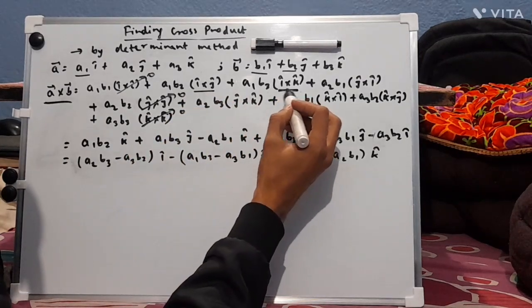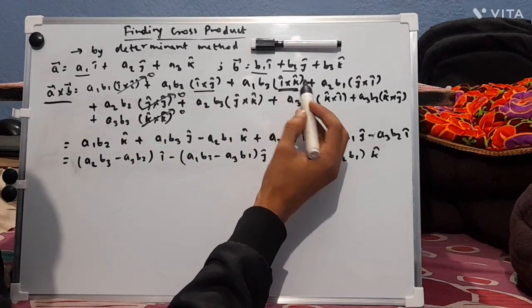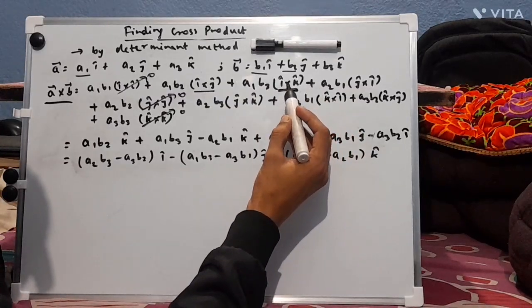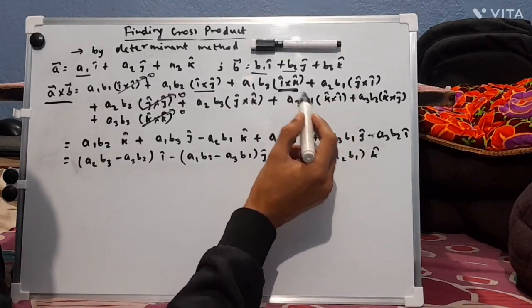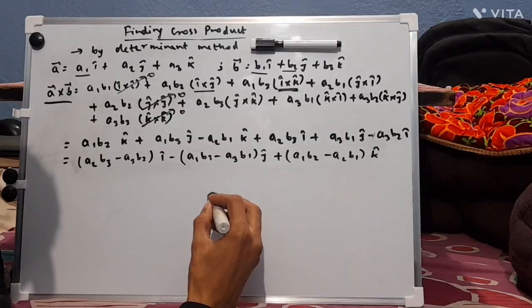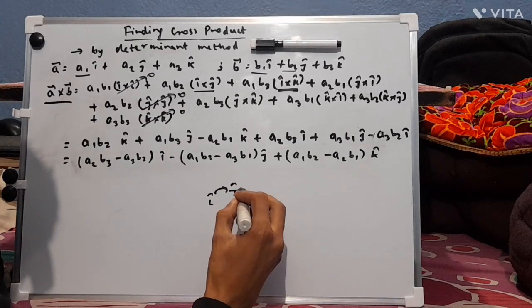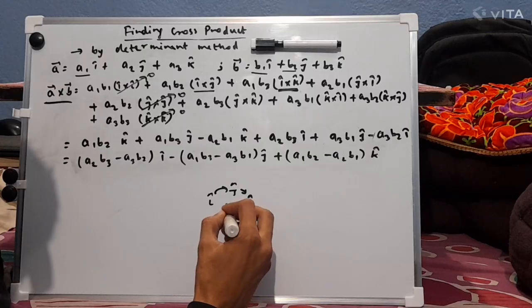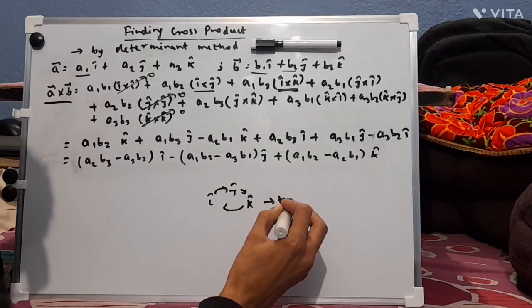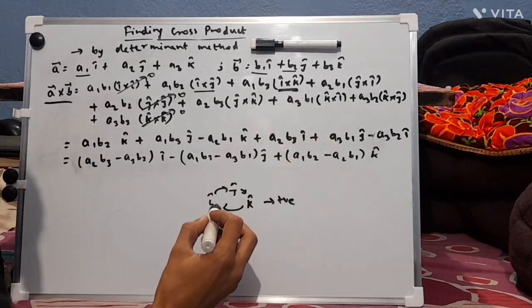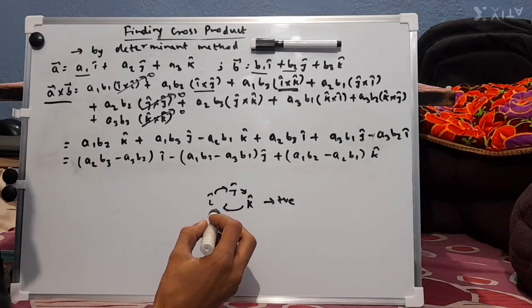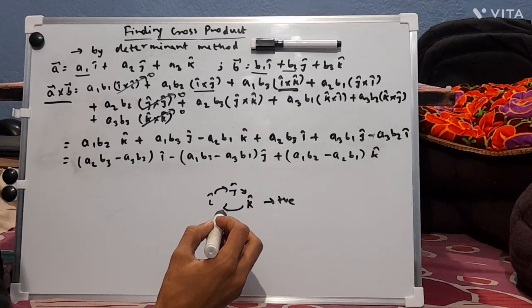Then here is a1 b3 times j cross k, which would result in i cap. Clockwise, so it would work as positive.